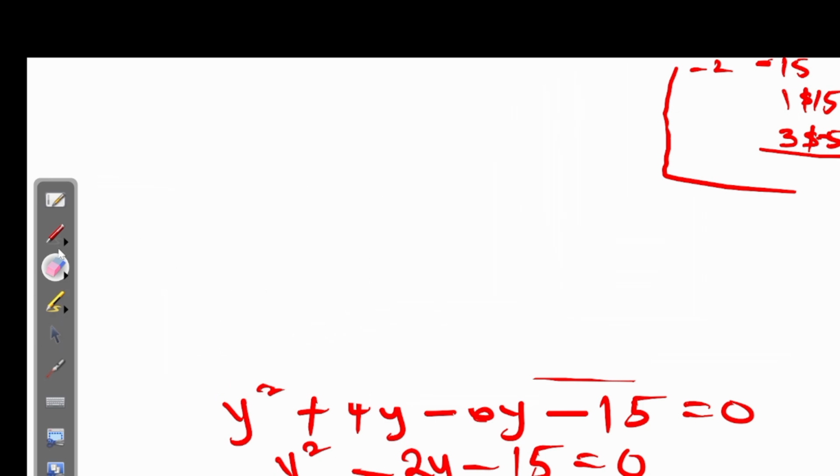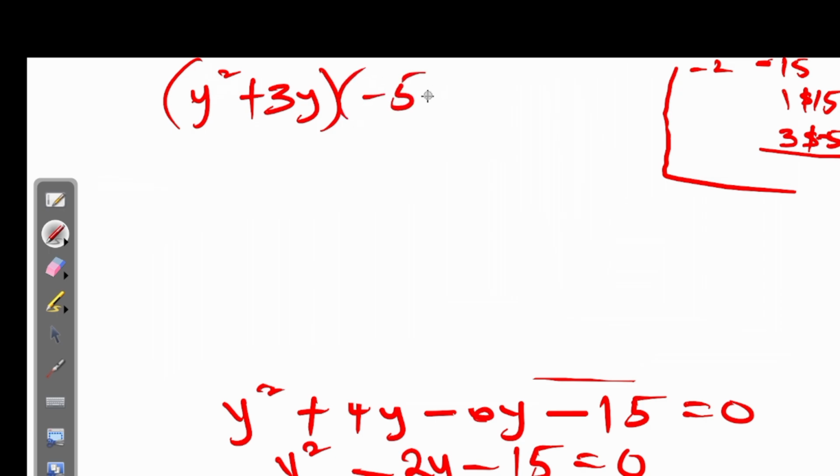So y squared plus 3y, open and close your bracket, then minus 5y minus 15 is equal to 0.